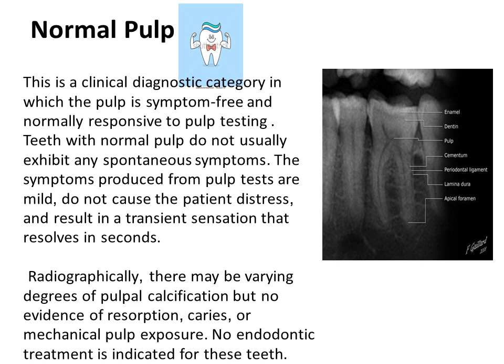Radiographically, for a normal tooth, you can see varying degrees of pulpal calcification, but no evidence of resorption or caries or any mechanical pulpal exposure. No endodontic treatment is indicated for such a tooth. No lamina dura widening, no internal resorption, just a normal pulp, no caries.